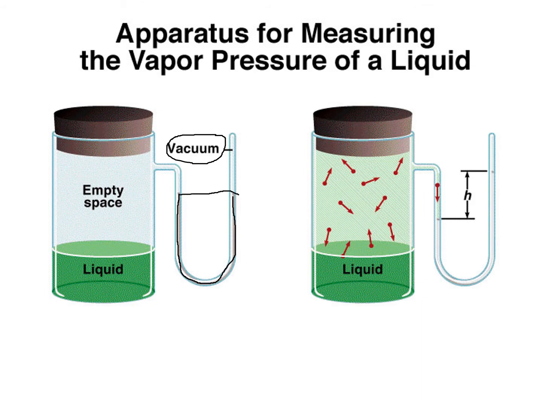Okay. Once these liquid molecules begin escaping from the surface and filling up the space above that liquid in the form of vapor, they will eventually apply a pressure to that column of mercury. And at some point we can measure that, and that measurement, the vapor pressure, will be equal to the difference in height.